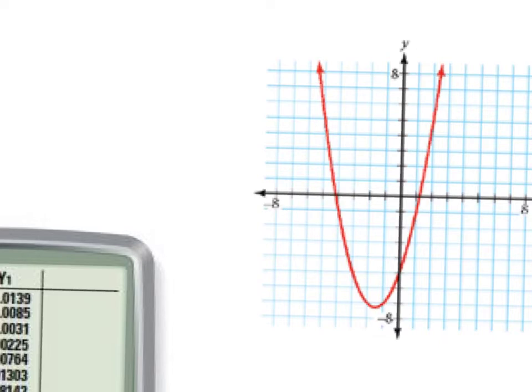And we get to that by graphing it first, and then we hit second, calculate, zero.